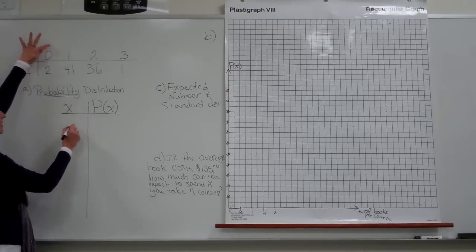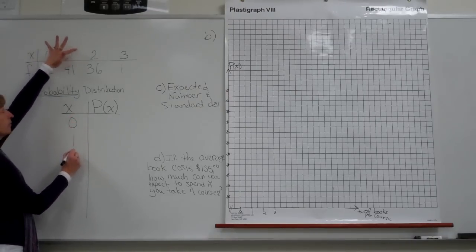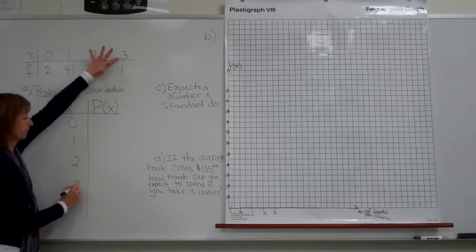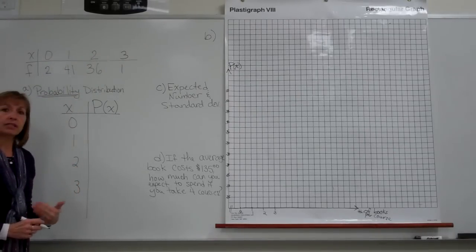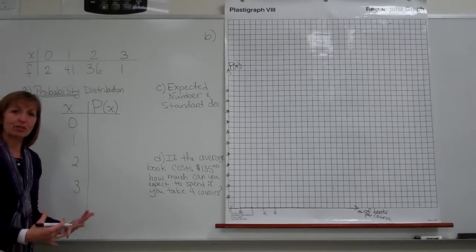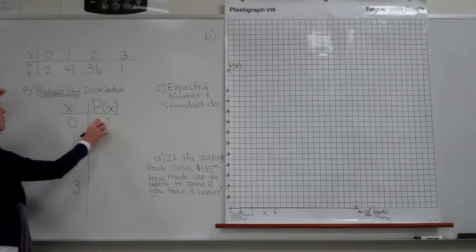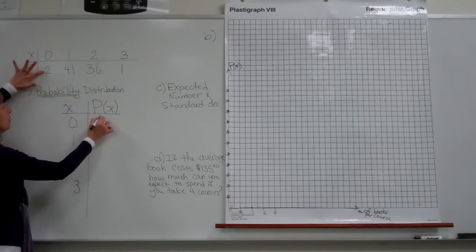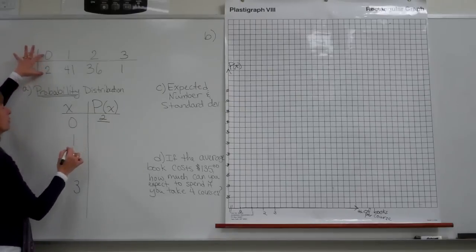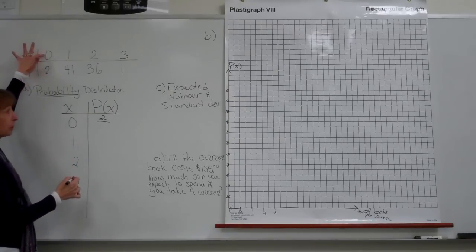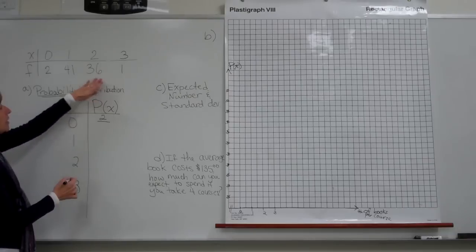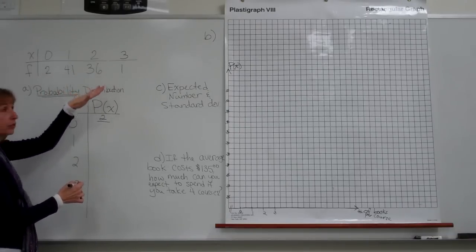So we're going to list down each of our random variable values. And again, we're going to just use our relative frequency as an estimation towards the probability. So we have a frequency of 2 that required 0 books for their course out of the total number of professors that were surveyed.